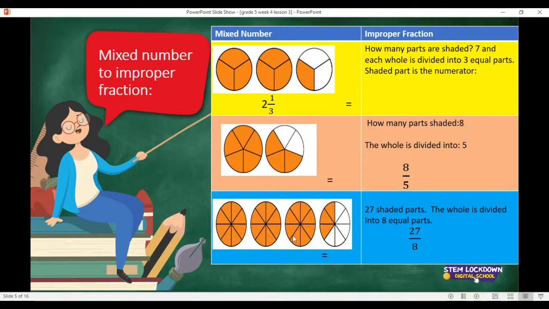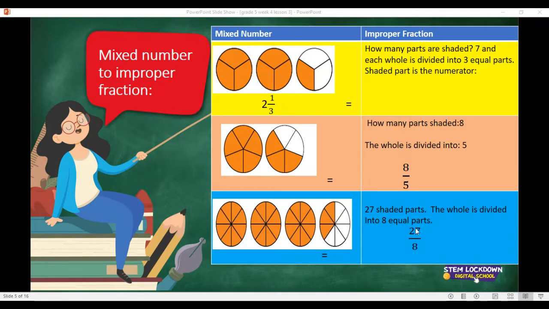So our answer here as a mixed number is 3 wholes. And how many are shaded? Now we want the fraction. 1, 2, 3 is shaded over 8. So the answer is 3 wholes and 3/8. And then as an improper fraction, how many parts are shaded? We said 8 is fully shaded there, so we'll say 8, 16, 24, and then 25, 26, 27.